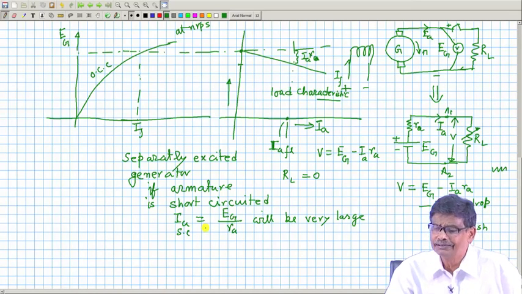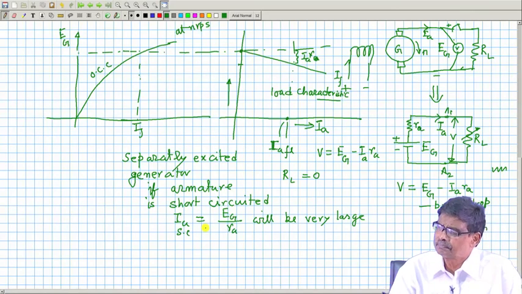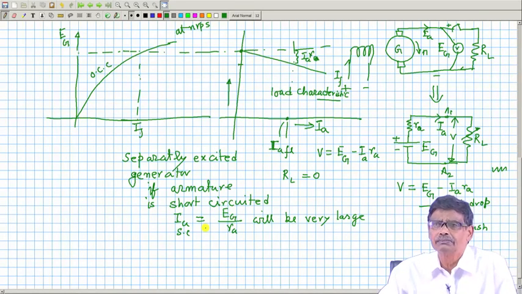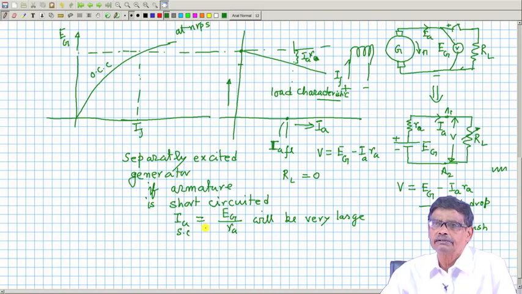Okay. So, separately excited generators are good, it is fine. At one time it was used, but the only drawback of this generator is that you want to generate DC voltage, but at the very beginning you are asking for another DC source. That is the problem.